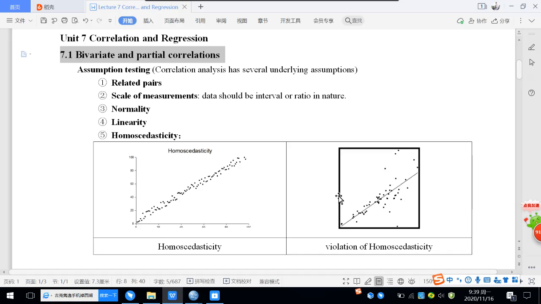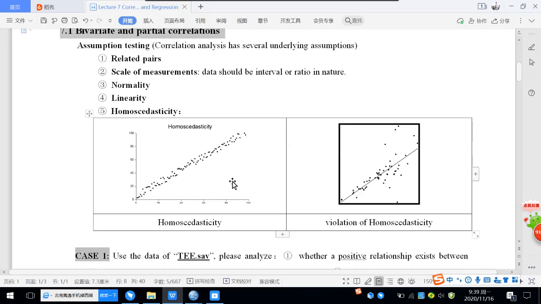The fifth is homoscedasticity. Here are two examples. Look, here all the samples fall more or less on a straight line, so all of these samples are very close to one straight line.